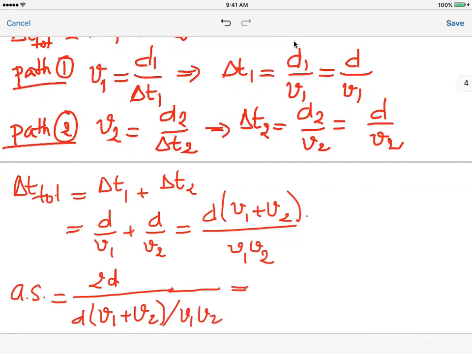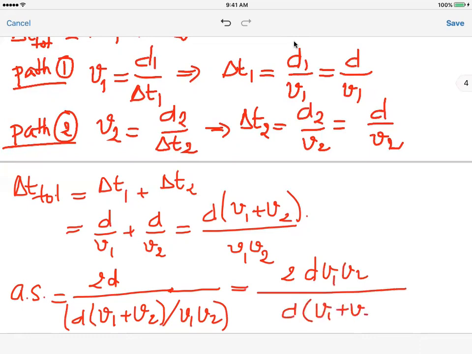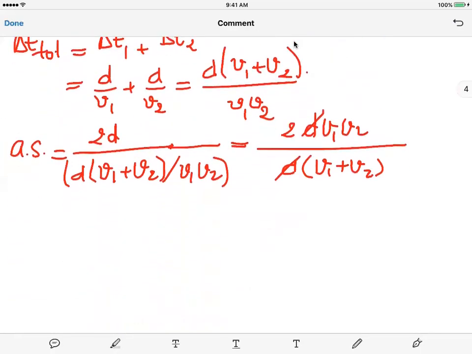But actually, the v1 and v2 in the denominator of this factor go up into the numerator. And so we end up with 2d multiplied by v1 multiplied by v2 divided by d times v1 plus v2. And so here we can cancel out those two factors, and we end up with this expression.